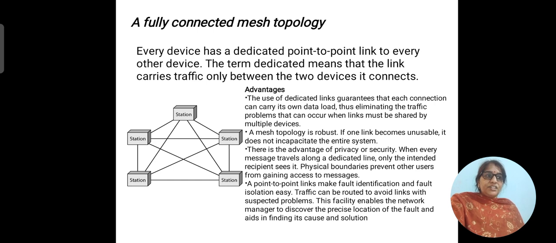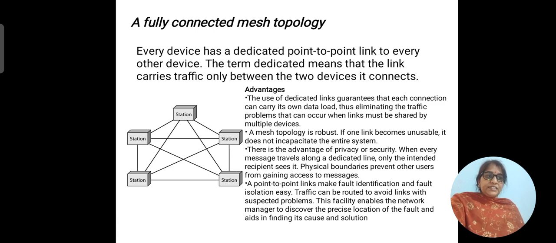There is the advantage of privacy or security. When every message travels along a dedicated line, only the intended recipient sees it. Physical boundaries prevent other users from gaining access to messages.